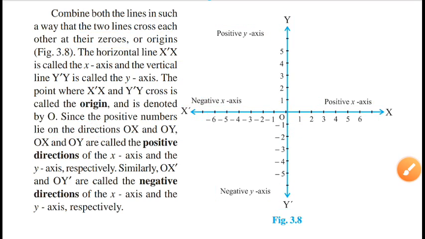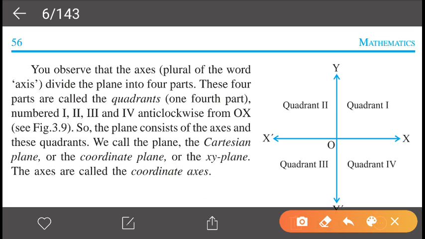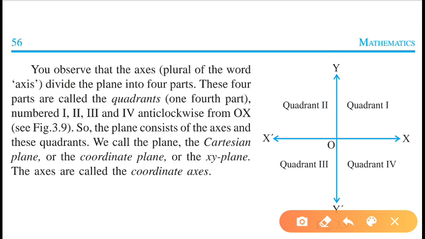Now when these two lines cross each other they divide the plane into four quadrants. We observe that the axes divide the plane into four parts: one, two, three, four parts.